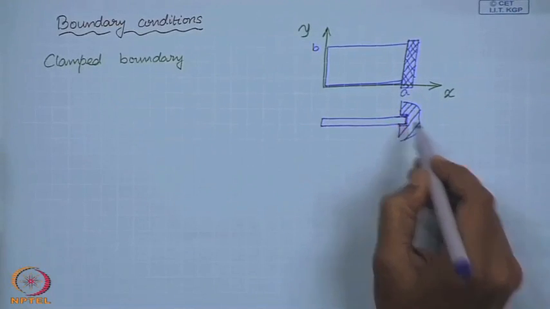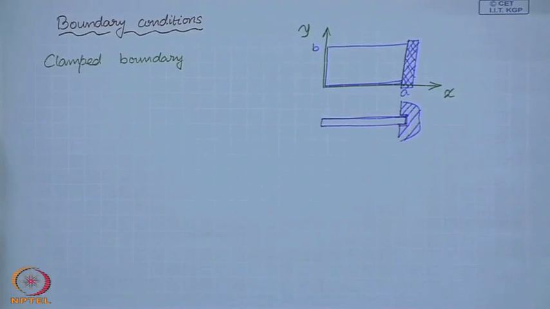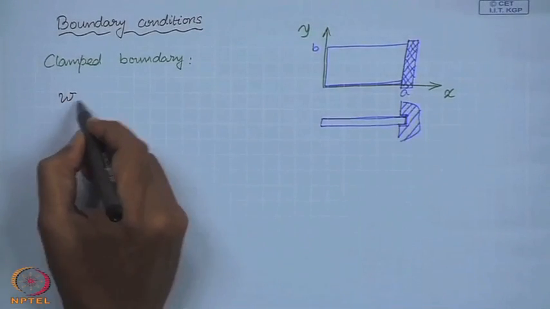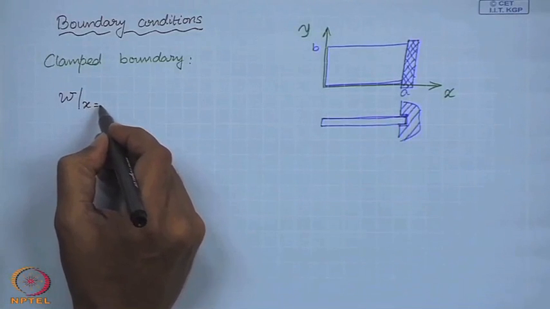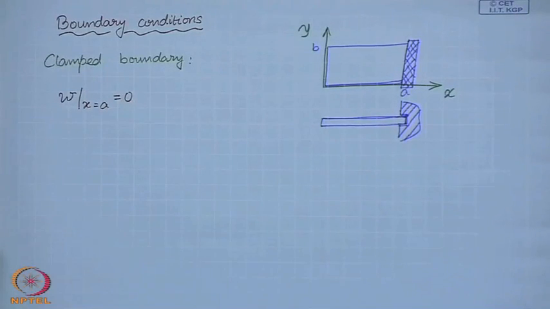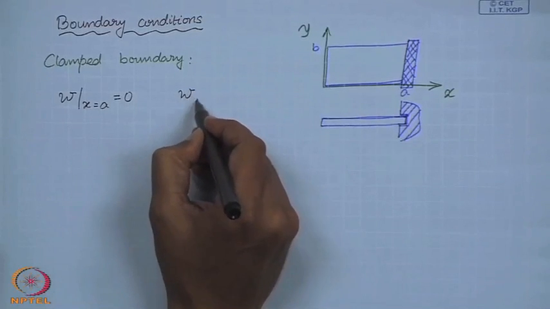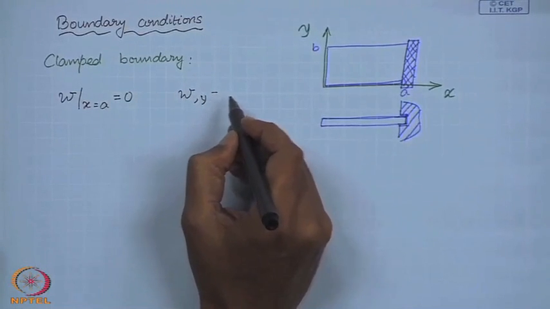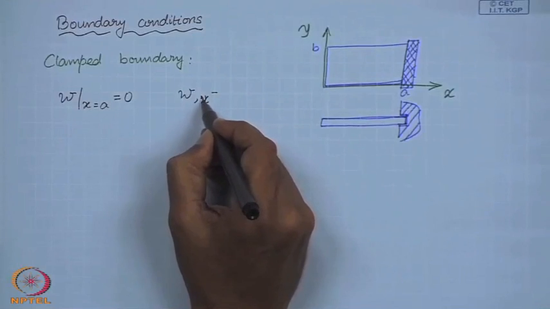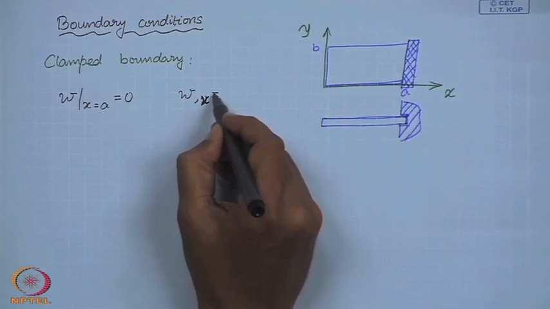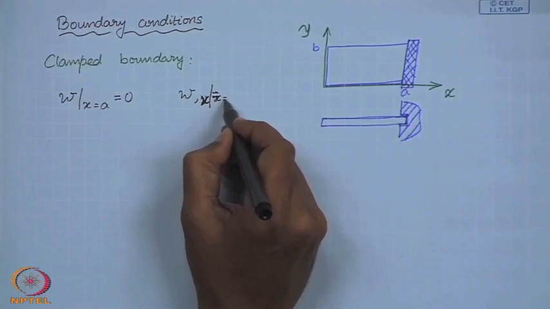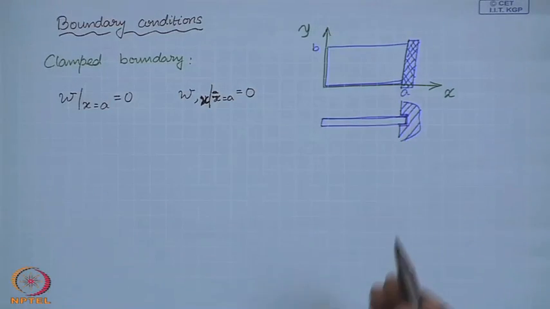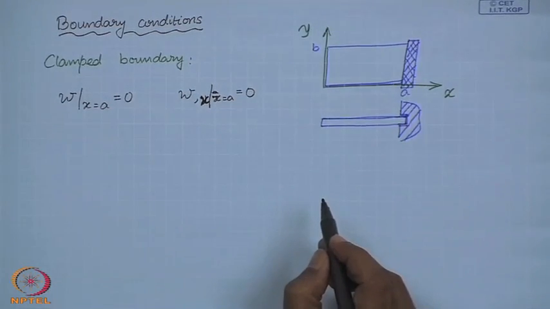If the boundary is clamped, this is actually quite simple, then the displacement must be 0 and of course, the slope must be 0.